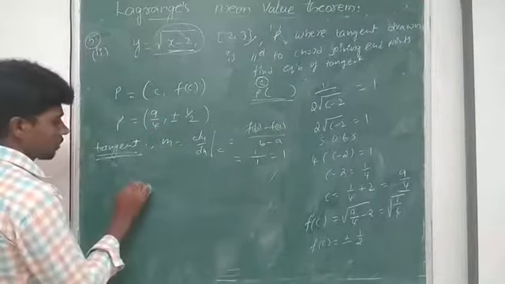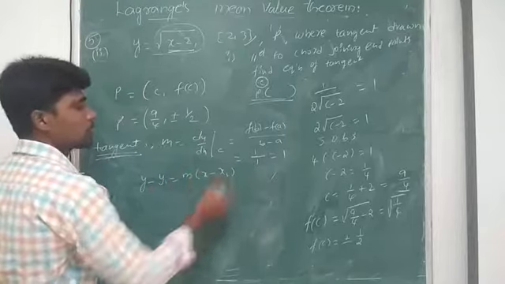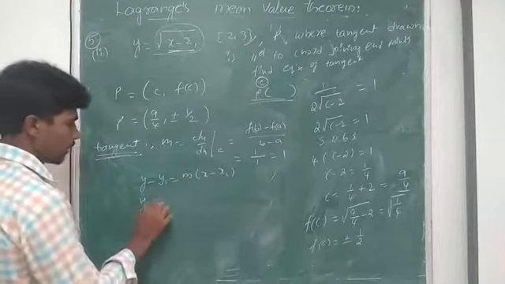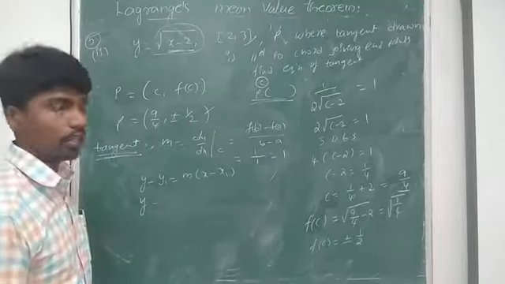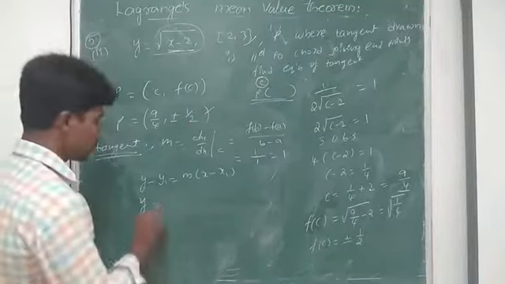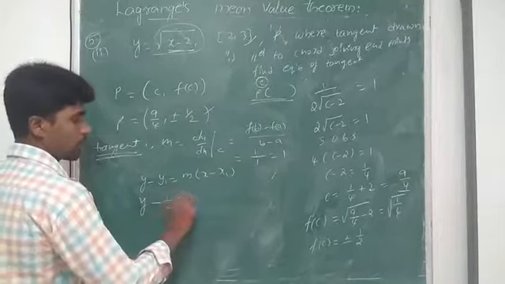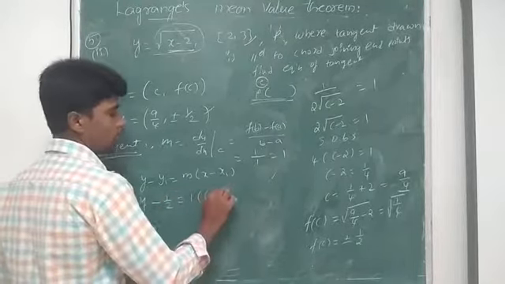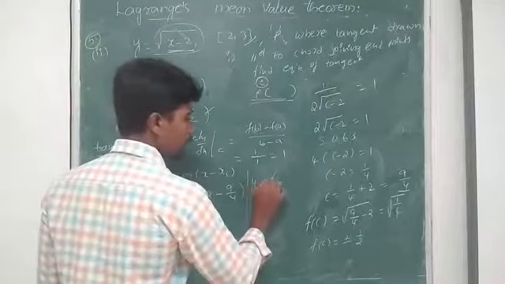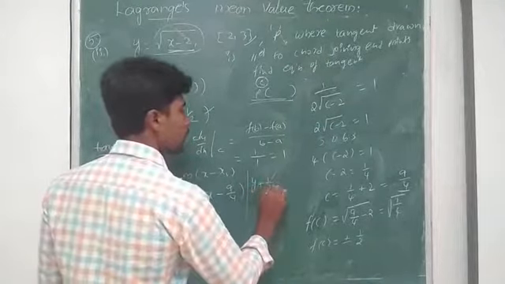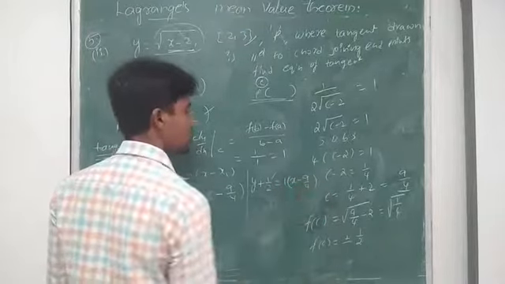We can find the equation of the tangent: y minus y1 equal to m into x minus x1. So y minus of minus 1 by 2 plus 1 by 2 equal to 1 into x minus 9 by 4.